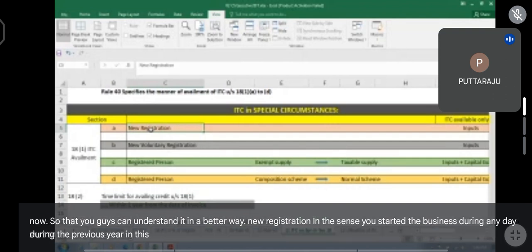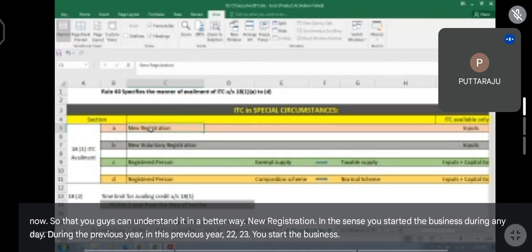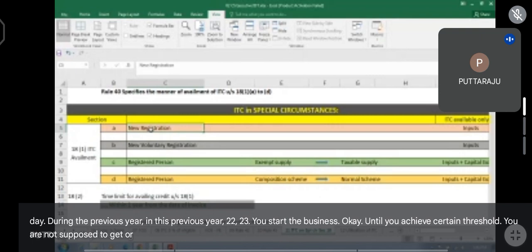In this previous year 22-23 you start the business. Until you achieve a certain threshold you are not expected to get registration. That is the rule.